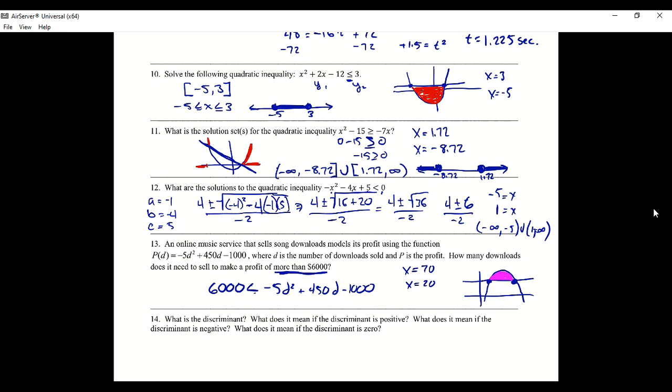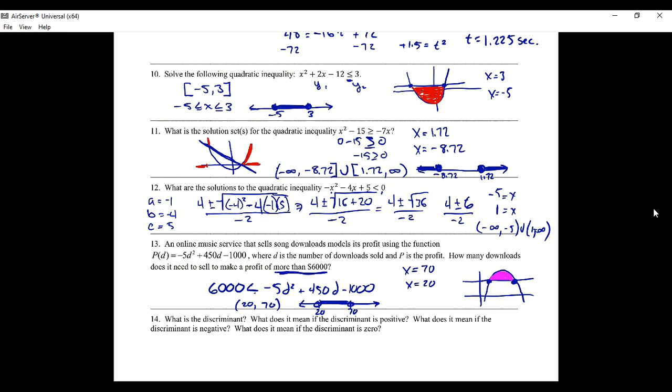And because it's only a less than or greater than, not equal to, parentheses. So parentheses 20, 70. Or number line 20, 70, open circles, shade in between. There you go.